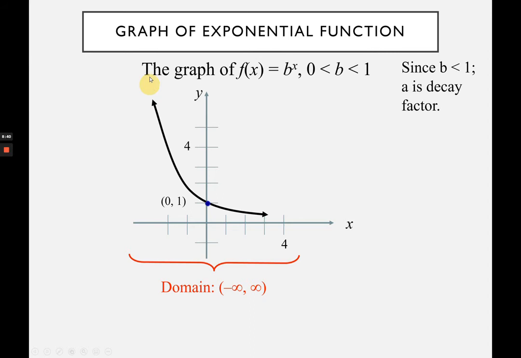It goes up on the left side and it slowly goes down and seems to approach the x-axis, which is the horizontal line y = 0. Still, it's the same domain, but the range is also the same, except that their trending line is different.